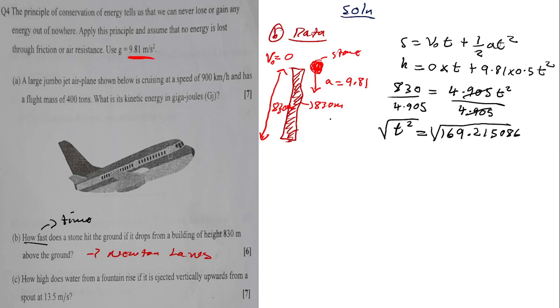So t is simply equal to the square root of 169.215086, which gives us something like 13.008269931 seconds.